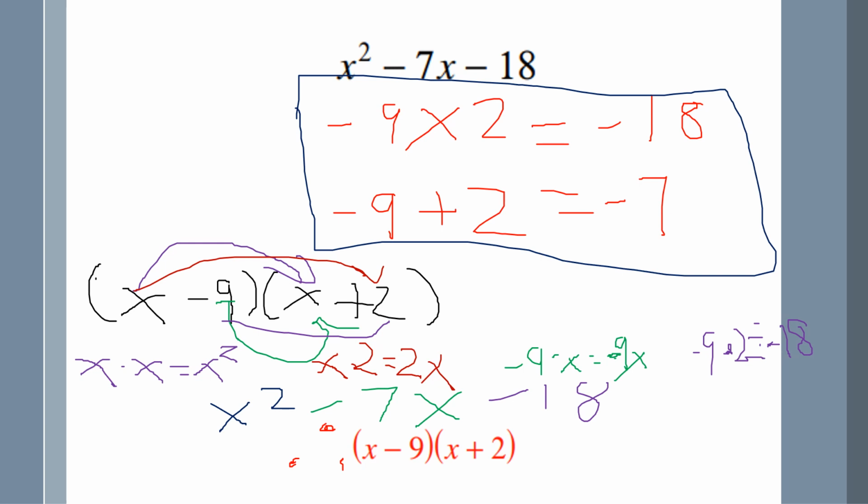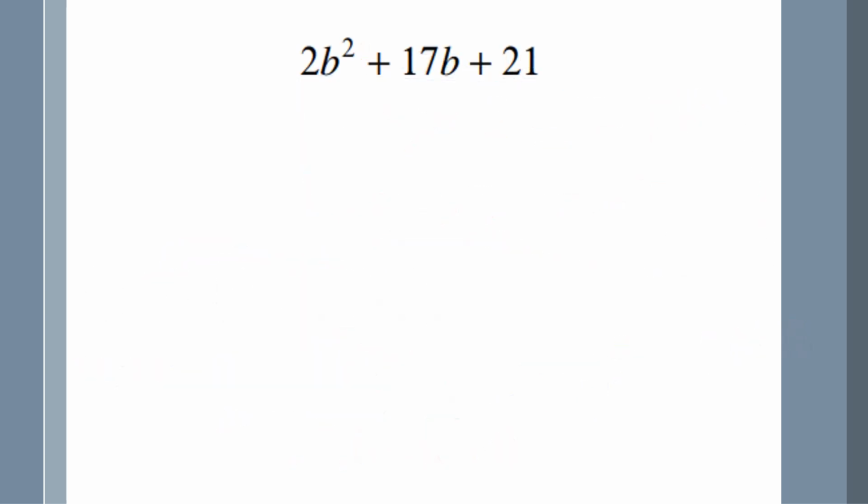Combine my 2x and negative 9x, I got negative 7x. And that's how you check your work to know that you are completely correct. So I gave you a lot to consider. So again, you should know how to factor inside out. Now, try this problem. Work it out, then come see me.